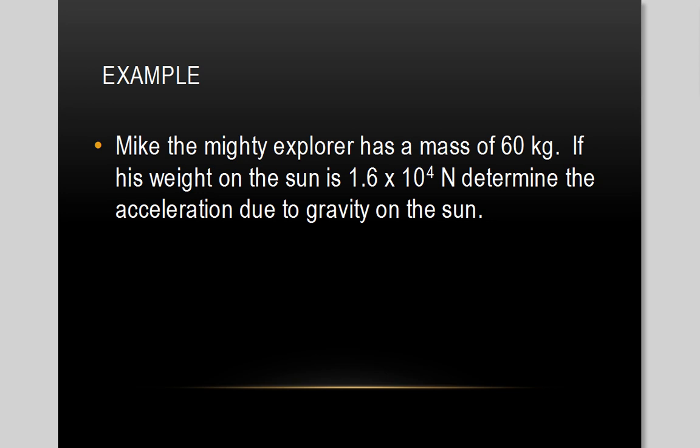Okay, Mike, he's got a mass. Here's the weight on the sun, if you could apparently stand on the sun. The acceleration due to gravity on the sun. So this is just very basic stuff.